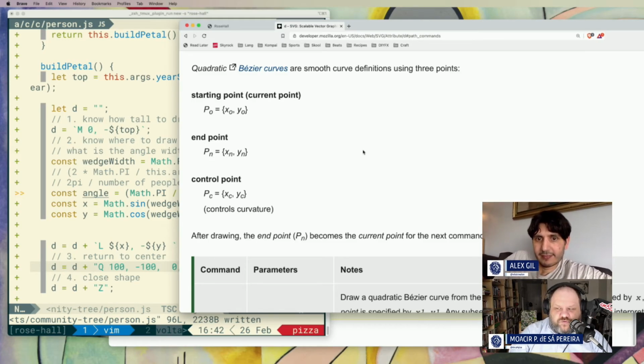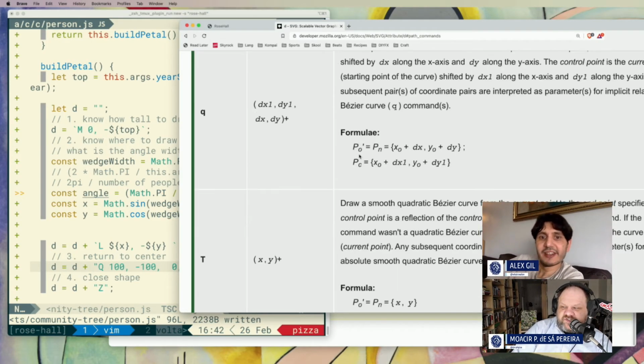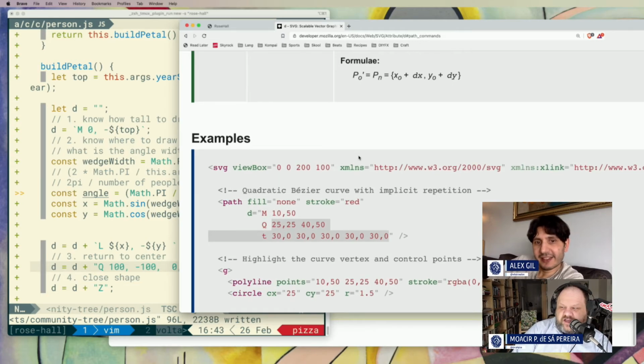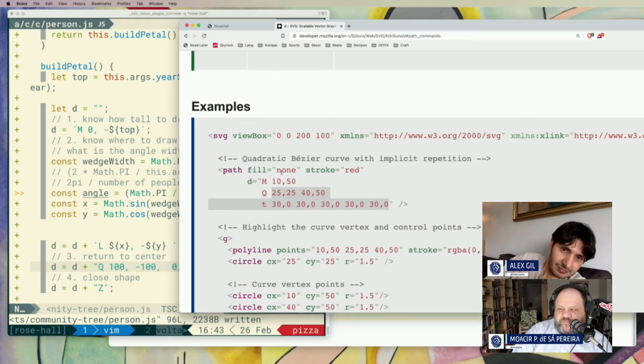Okay. So the problem here is because we're already drawing a line that's on an angle, they have the luck here of drawing just a 180 degree thing along the x-axis. You know what I mean?